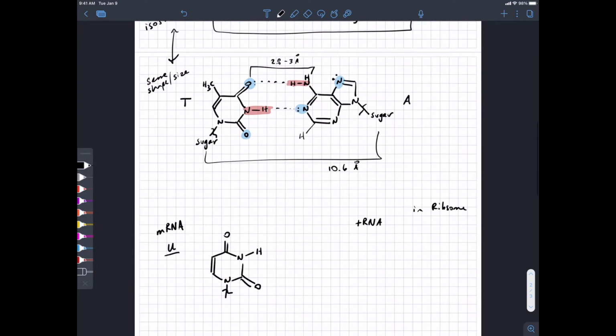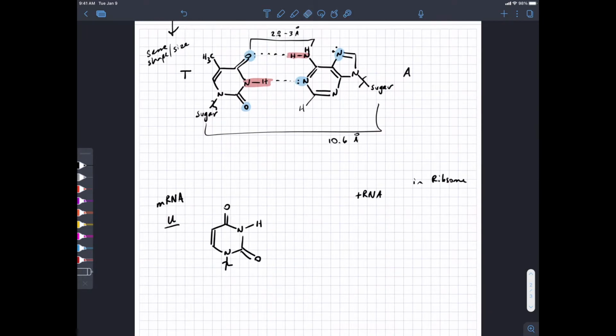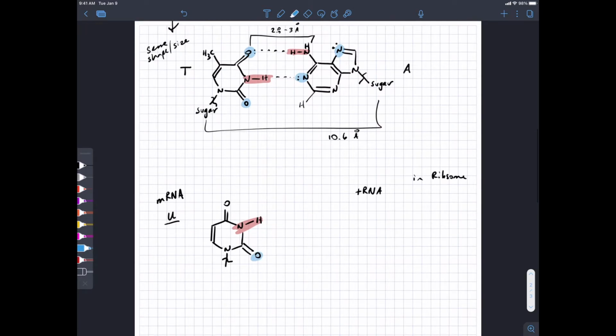So notice up here, it's the top carbonyl and the nitrogen that are involved in hydrogen bonding. And maybe this gets to your question earlier about whether the other one can be involved. So if it's these two that are involved, we can actually hydrogen bond with the oxygen from guanine and the NH group of guanine.